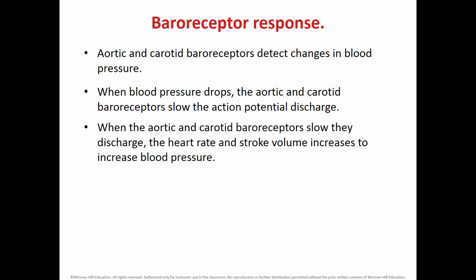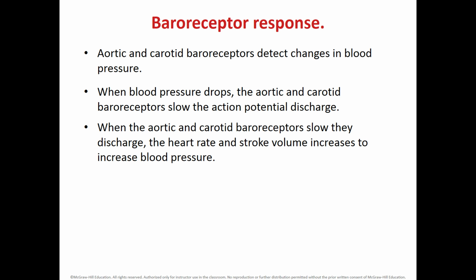Now, these aortic and carotid baroreceptors also detect changes in the blood pressure. So, whenever you have a drop in the blood pressure, both aortic and carotid baroreceptors slow the action potential discharge. This slowing in the action potential discharge is going to increase the heart rate and the stroke volume, so you can increase the blood pressure to compensate for this low blood pressure.